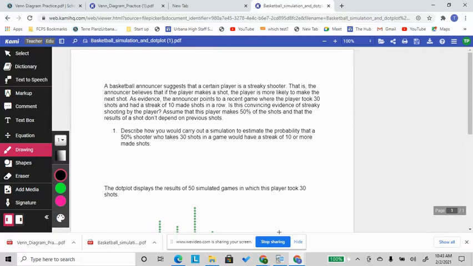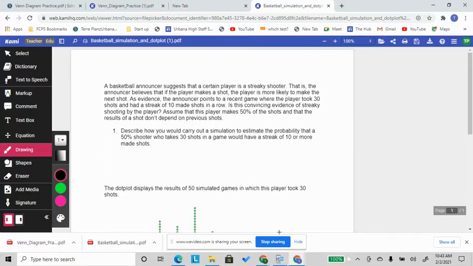Okay, so here we go. Let's wrap up simulation. I wanted to do one more simulation with you. A basketball announcer suggests that a certain player is a streaky player. That is, the announcer believes that if the player makes a shot, then the player is more likely to make the next shot. As evidence, the announcer points to a recent game where the player took 30 shots and had a streak of 10 made shots in a row.